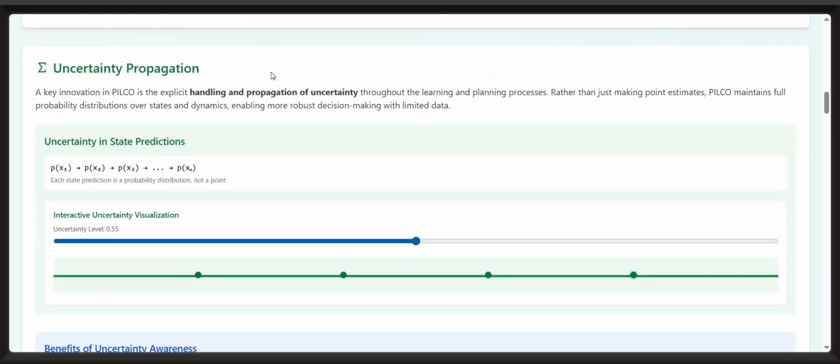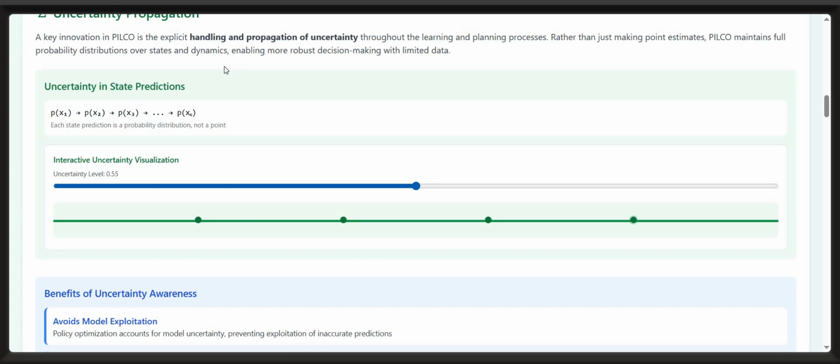And uncertainty propagation is here. One of the key features of PILCO is that it doesn't ignore it. It actually carries uncertainty forward as it predicts what will happen in the next time step, and the one after that, and so on.